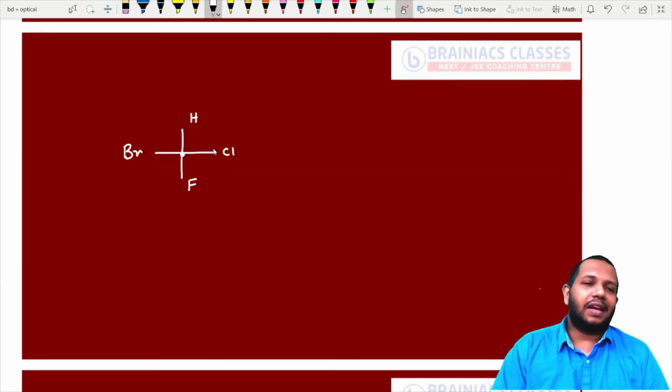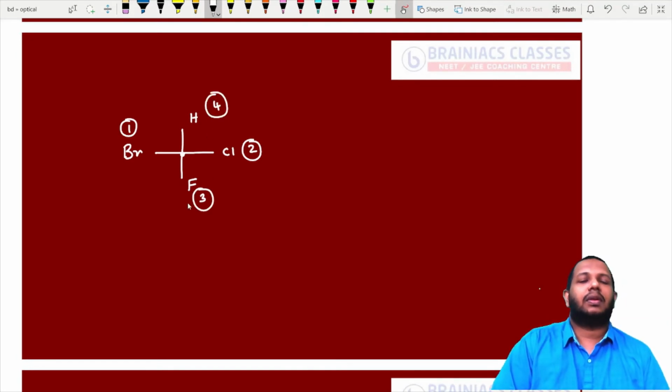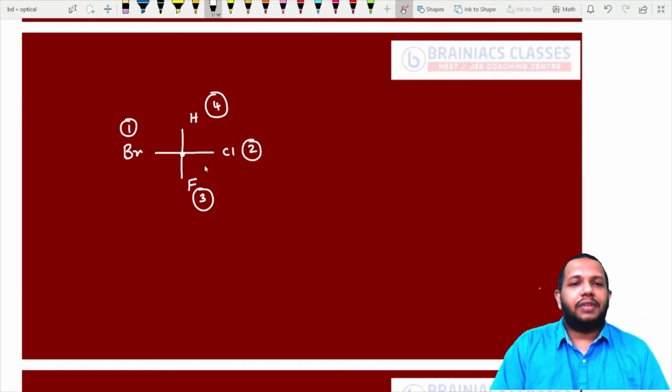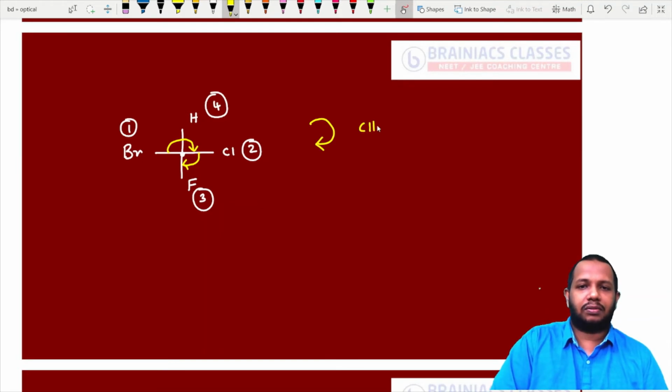First thing is again assigning the priority. So this is 1, this is 2, this is 3, and this is 4. After assigning priority, you use the same method, move from 1 to 2 and 2 to 3. What is the direction? You could understand it is clockwise.